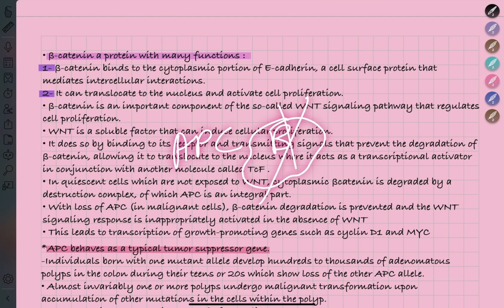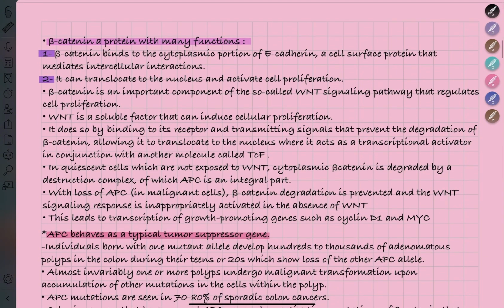So the APC gene here is going to get inactivated, and it will allow the beta-catenin to translocate to the nucleus. Something really simple. Basically, it acts as a transcriptional activator in conjunction with another molecule called TCF. So the beta-catenin binds with the TCF, and it will act as a transcriptional activator.